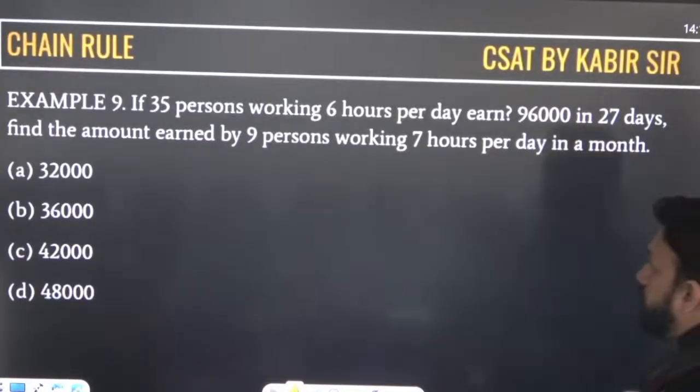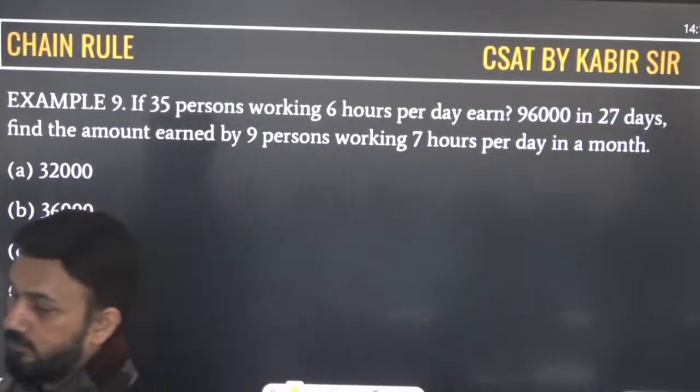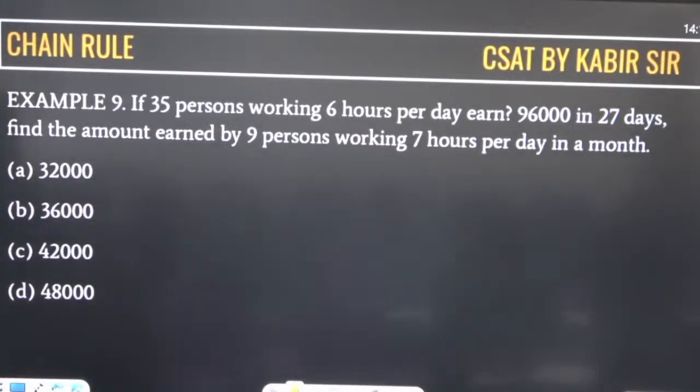Now the next question. If 35 men working 6 hours per day earn 96,000 in 27 days, find the amount earned by 9 men working 7 hours per day in a month.